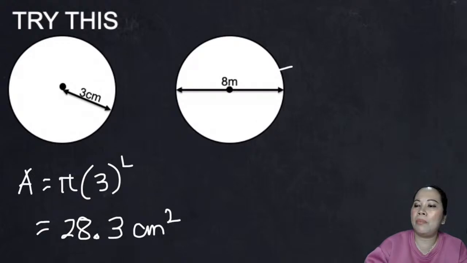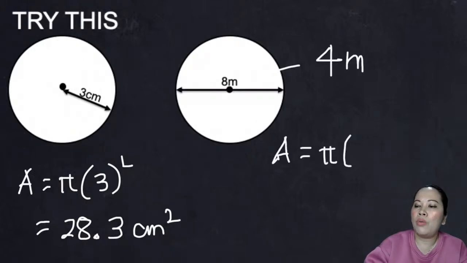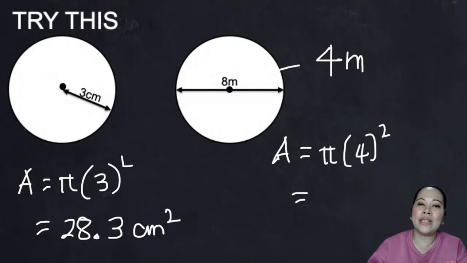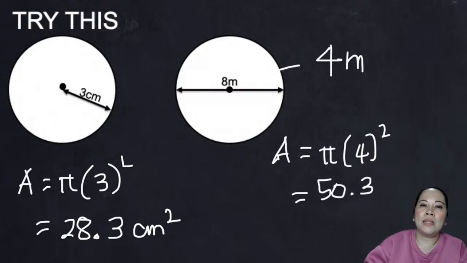Again, the same example: if you have 8 meters, half of that will be 4 meters. So the area here would be pi times 4 squared, which is 16 times 3.142, and you will have 50.3 meters square. Not centimeter square, the given is meter square.